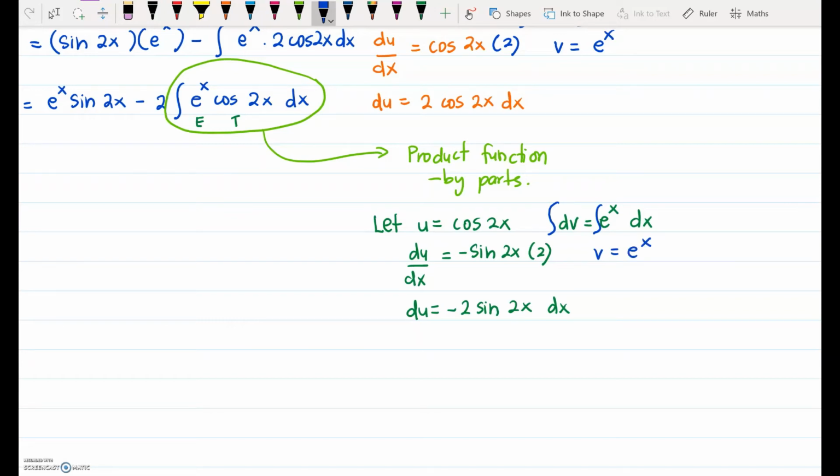So what's the formula? The formula is uv minus the integration of v du.